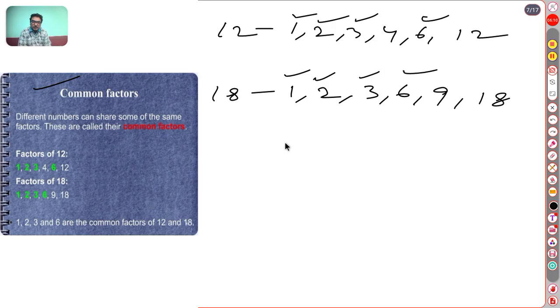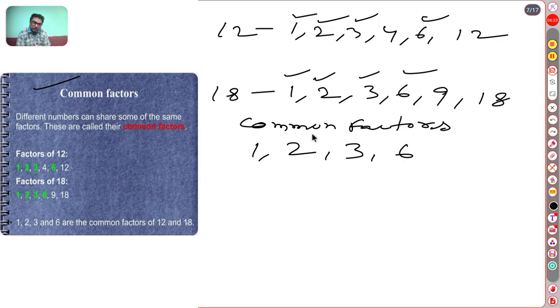So all these four are the common factors of 12 and 18.